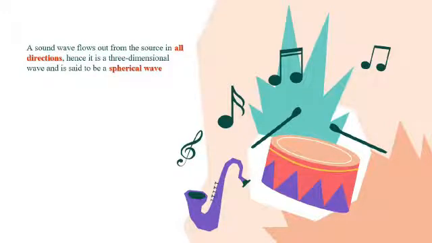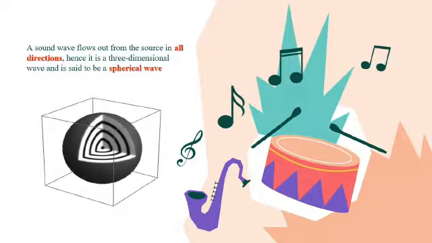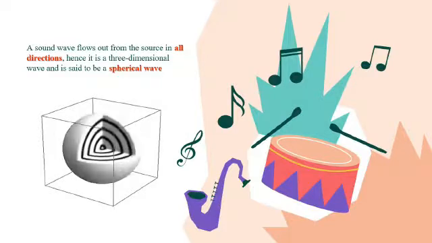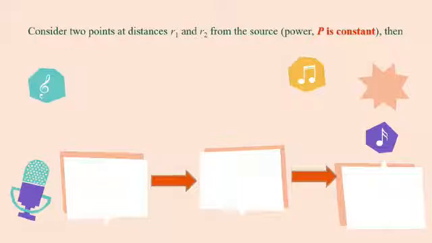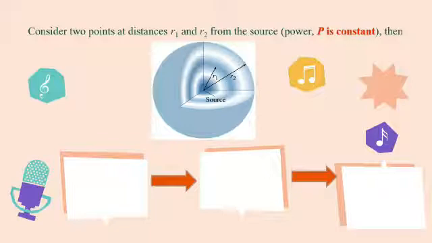A sound wave flows out from the source in all directions. Hence, it is a three-dimensional wave and it is said to be a spherical wave like this diagram. Consider 2 points at distances r1 and r2 from the source, where the power is constant. Then the intensity is equal to power per unit area.